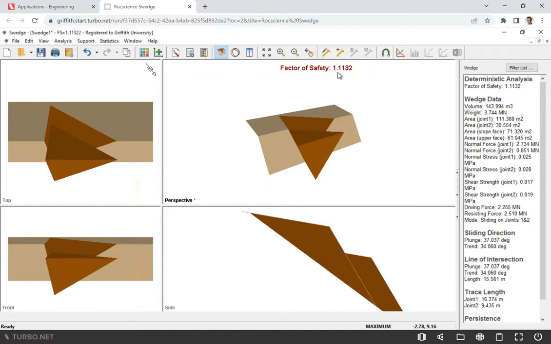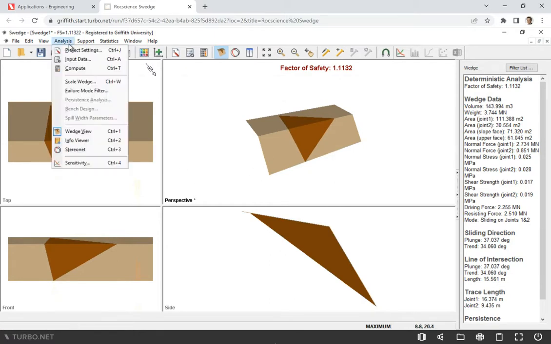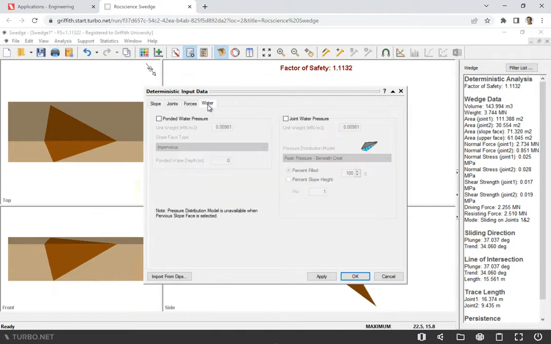Okay, so what I want to show now is the effect of water. You see that the safety factor is 1.11. So this means the wedge should probably still be somewhere here. I'm going to put it back. It doesn't move, right? So let's try adding a little bit of water. We're going again to input data, and I'm going to go to water, and let's say we have rainfall.